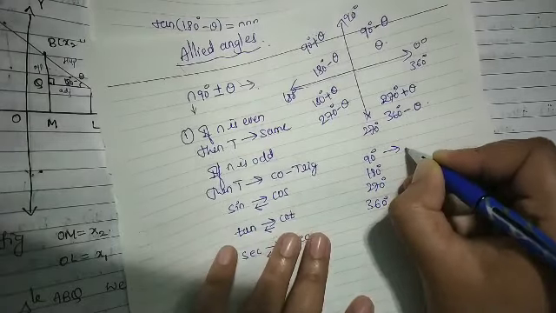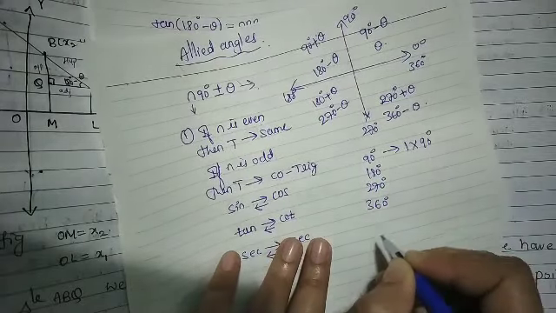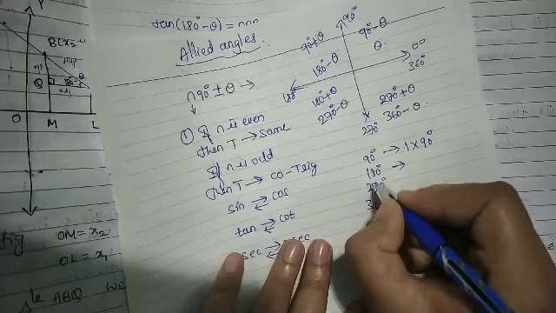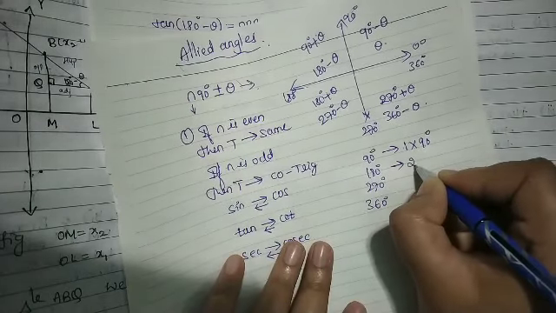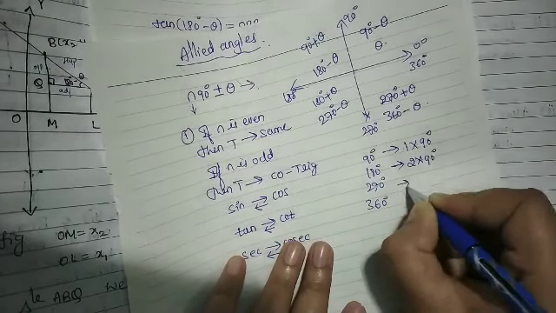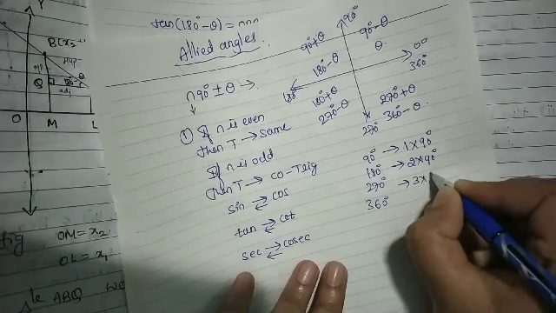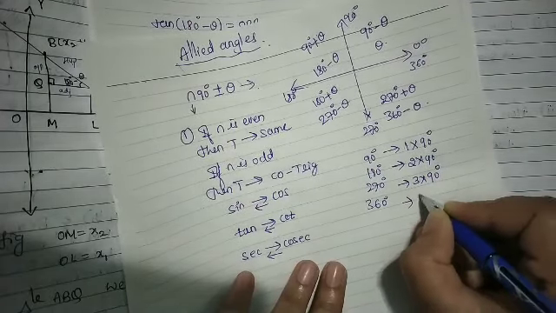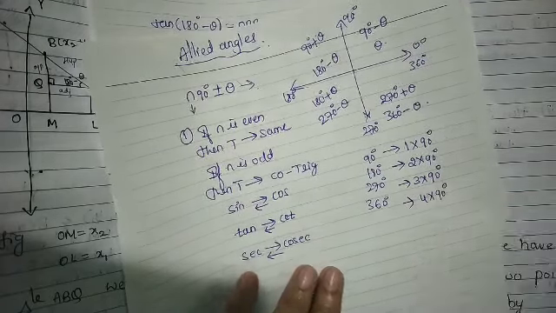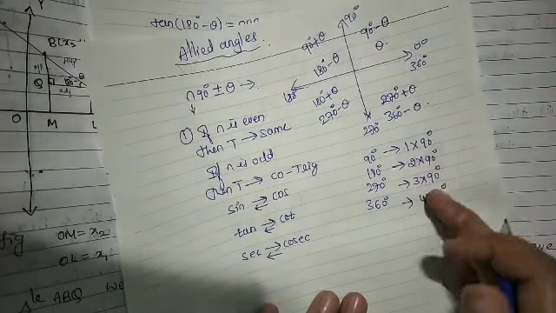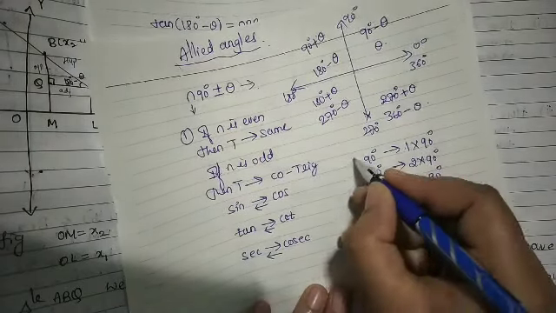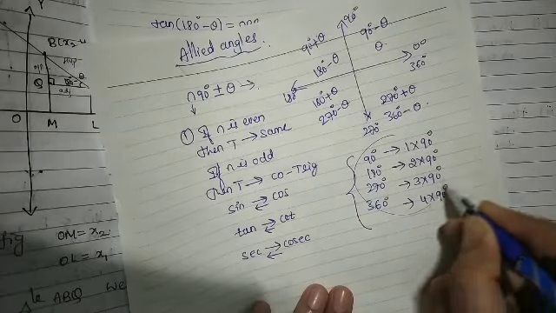So 90 degree could be written as 1 into 90 degree. 180 degree could be written as 2 into 90 degree. 270 degree could be written as 3 into 90 degree, and 360 degree could be written as 4 into 90 degree. So they are multiples of 90 degree. These angles are known as allied angles.